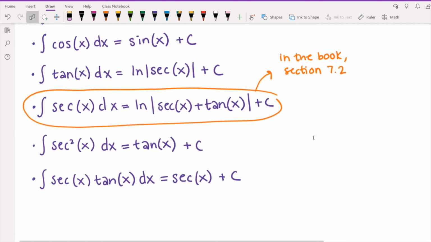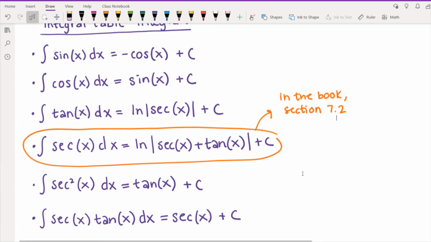And then a couple other ones. The antiderivative of secant squared is tangent, and the antiderivative of secant times tangent is secant. The reason I'm mentioning this is that when we get into all these different methods of integration, it can get confusing, and sometimes you might forget that there are certain antiderivatives you don't need to do any work to figure out.